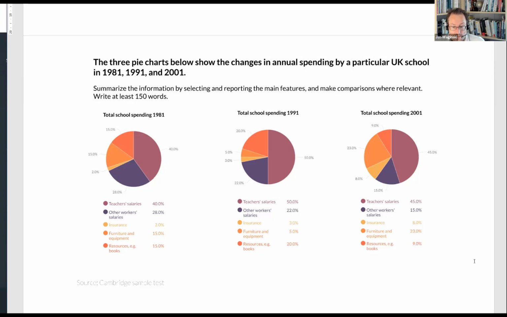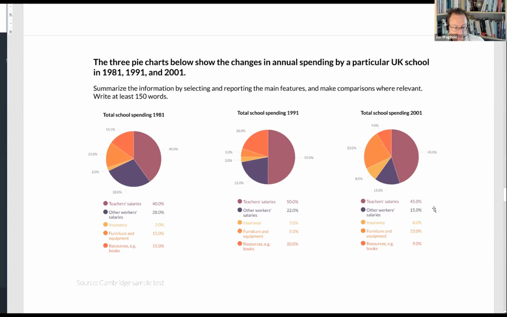We can lump together all salaries, and that's the majority of the budget in every year, right? If you lump together teachers' salaries and other workers' salaries, that's over half the budget in every single year. So that's a pattern.